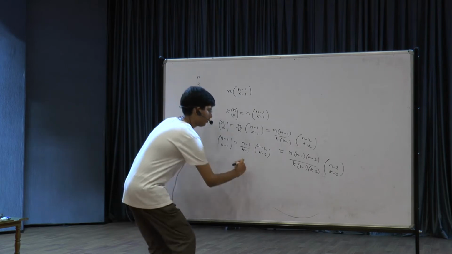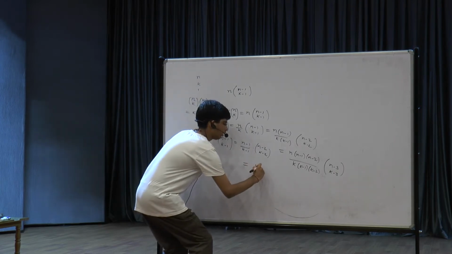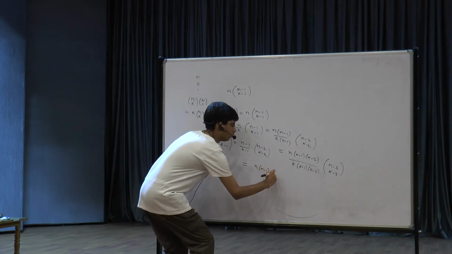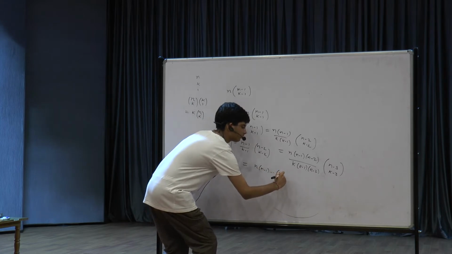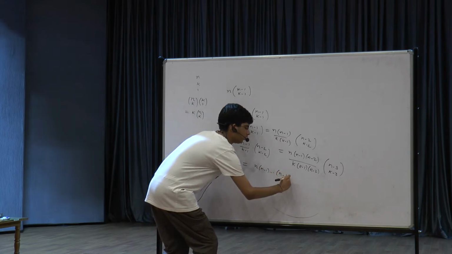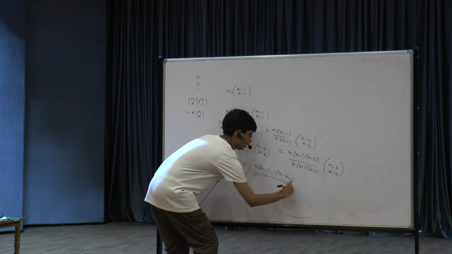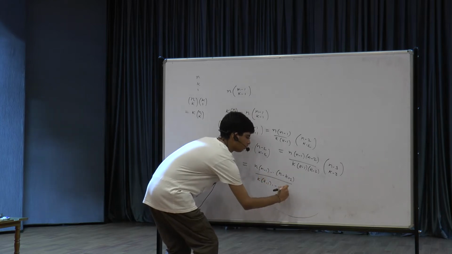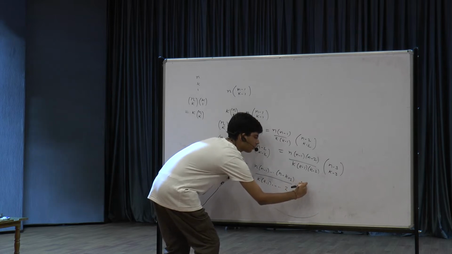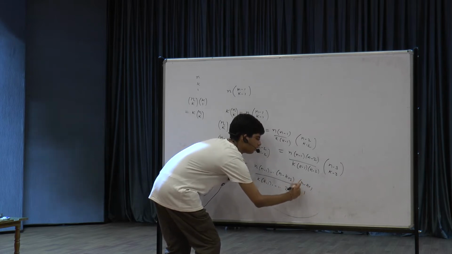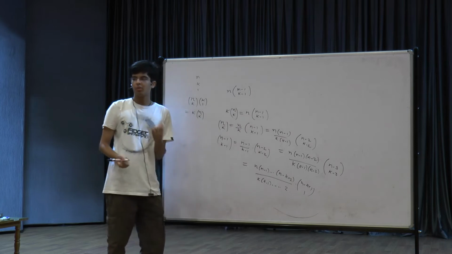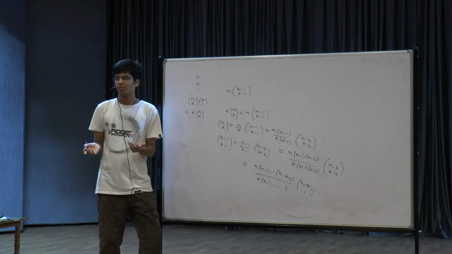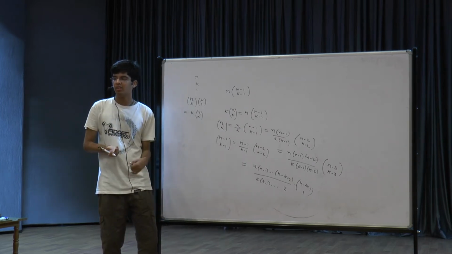So in that case we'll have n times n minus 1 up to n minus k plus 2 by k times k minus 1 down to 2, and n minus k plus 1 choose 1. The number of ways of choosing one object from n minus k plus 1 objects will be n minus k plus 1, right?